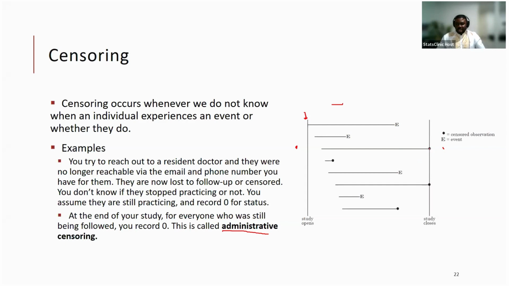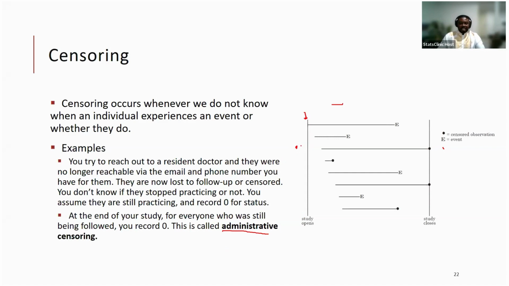And we said that is called administrative censoring because it's based on you drawing the line in the sand. Now, some people have the event on the left of this line before you can even find out.